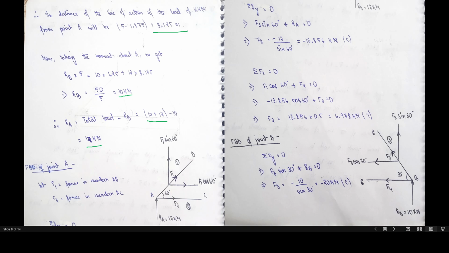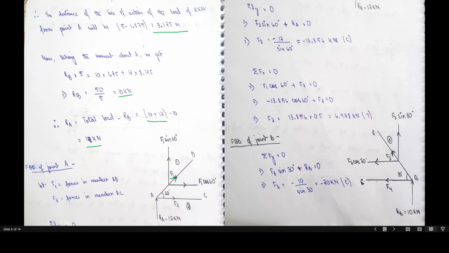Now we'll analyze a joint that has only two unknown forces. From the diagram, we could see that there are two joints that have only two unknown forces, that is joint A and B. You can select to solve either one first, but here I start with joint A. Here we can see that F1 is an inclined force, so we'll resolve it into X and Y components.